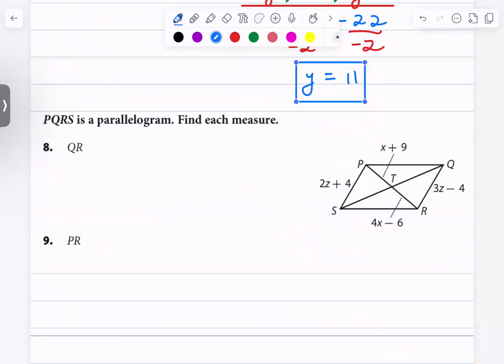Okay. Now here we have to actually find that value, right? So X plus 9 is this guy here. And 4x minus 6 is actually this guy here. Right? What do we know about those two segments?